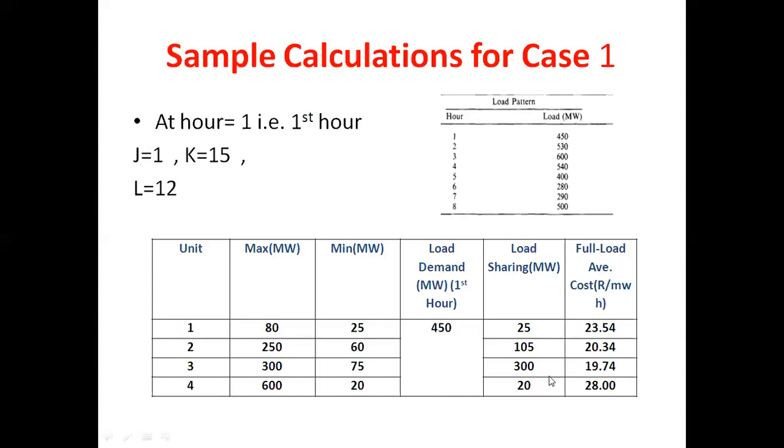The remaining will be 130, because 450 minus 320 is 130. Of those two, unit 1 has the maximum average fuel cost, so it will be loaded with minimum capacity, that is 25. So 130 minus 25, that is 105, will be given by unit 2. In this way the load sharing is done in order to meet the 450 load demand.